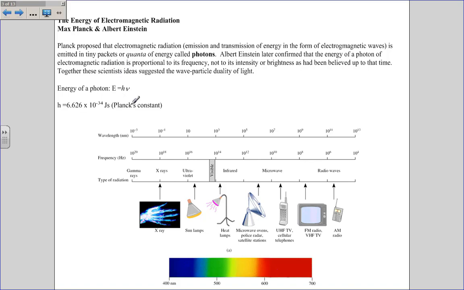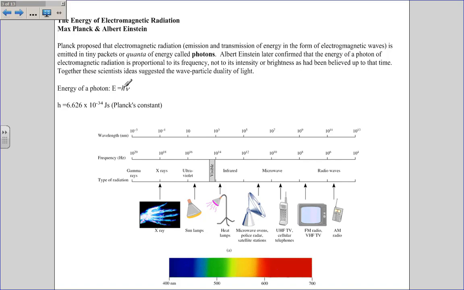So this formula here is the energy of a photon, or one of those tiny packets of light. E is equal to h nu. H is Planck's constant, and it is 6.626 times 10 to the negative 34 joules seconds.